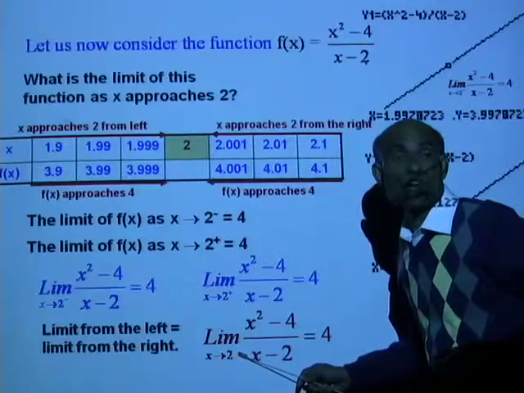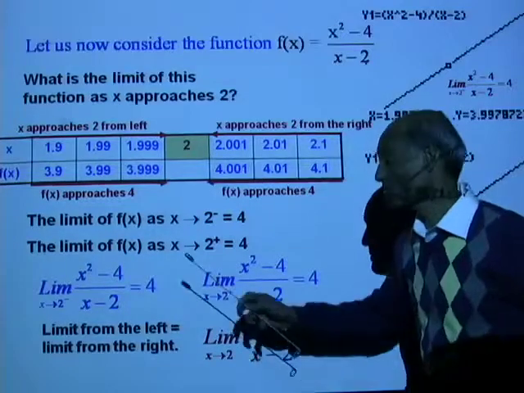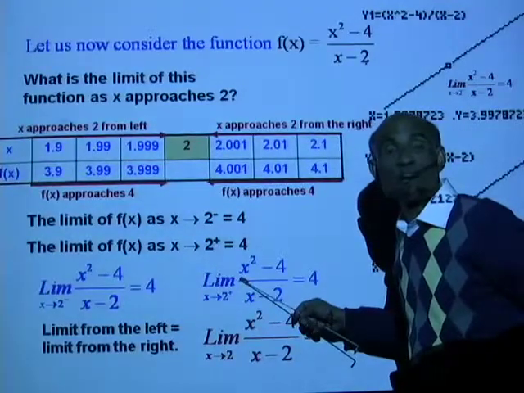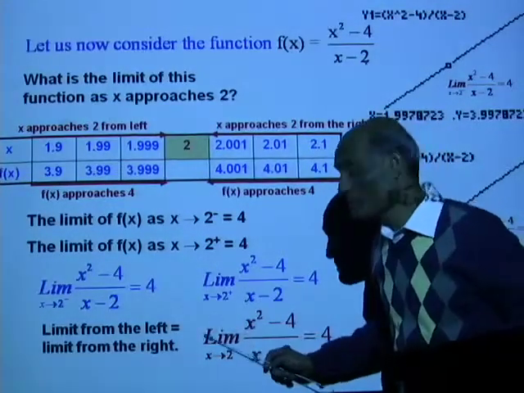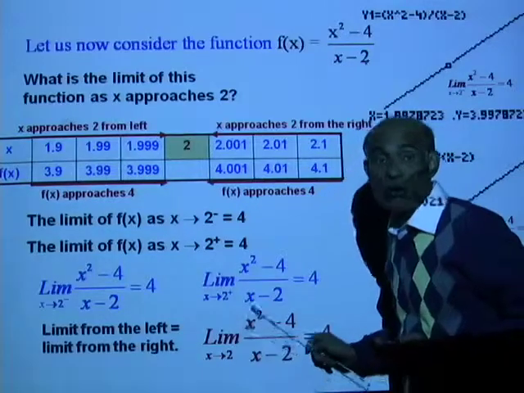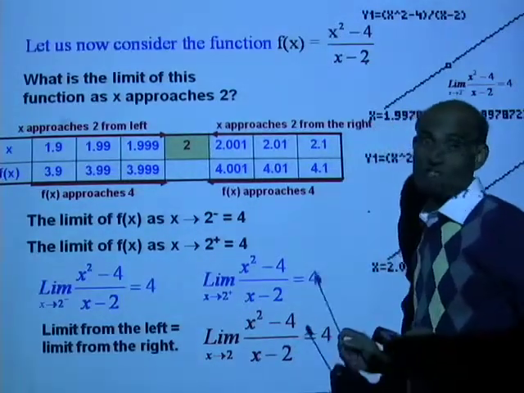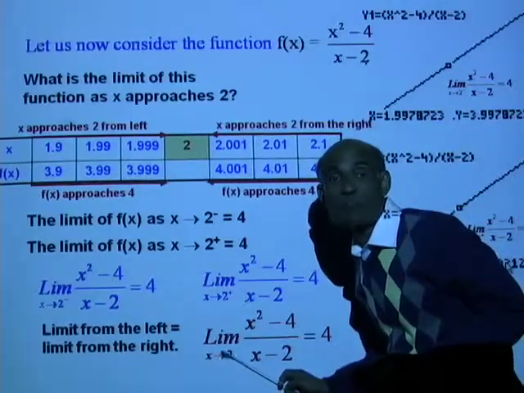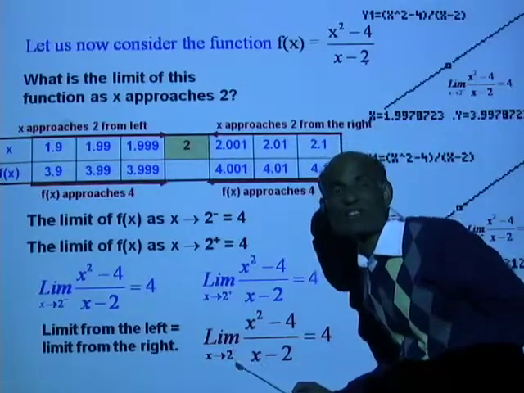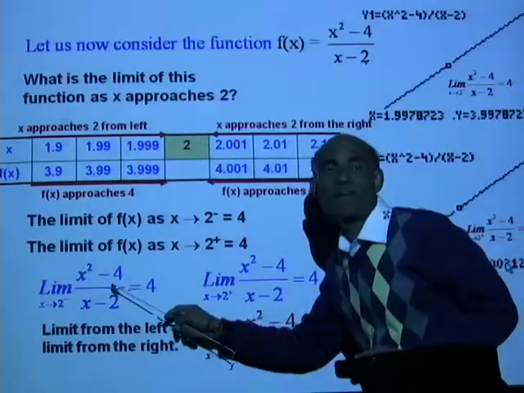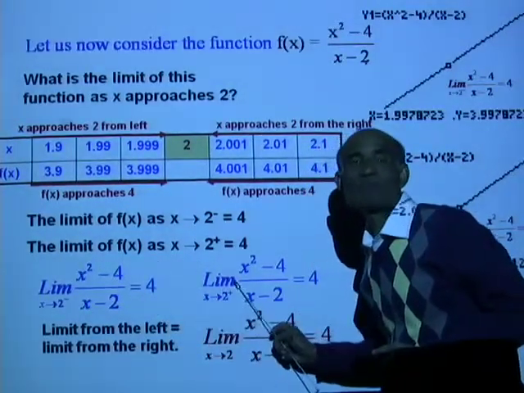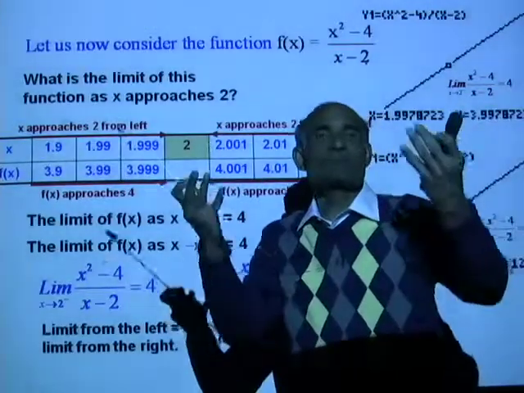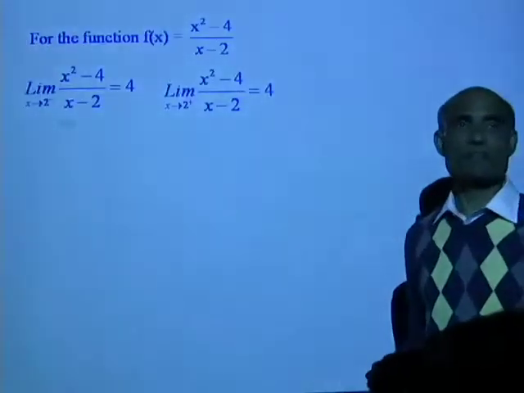This time, we are not using left or right, because we now know the limit from the left equals the limit from the right. Therefore, limit x approaches 2 of this function is 4. That means, in order that a limit may exist at x equal to c, the limit from the left and the limit from the right must be equal. If they are not equal, the limit does not exist.